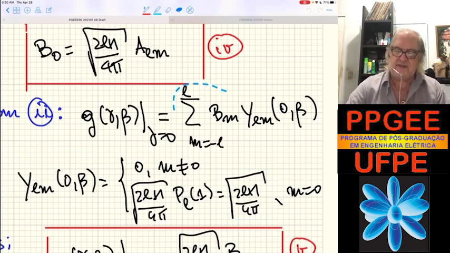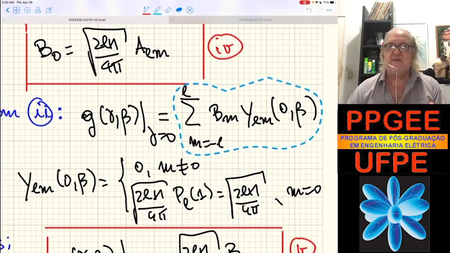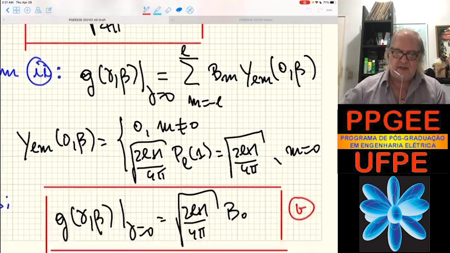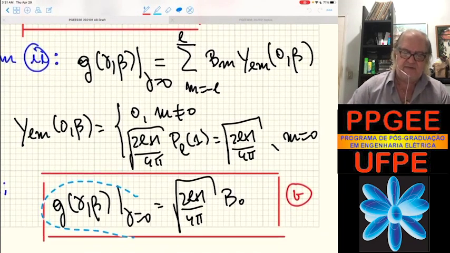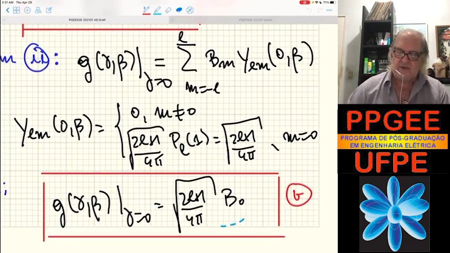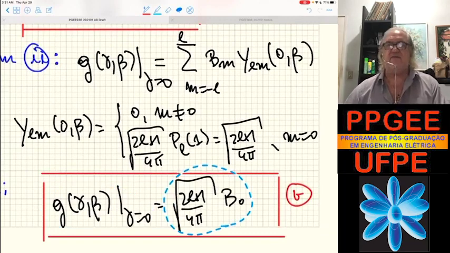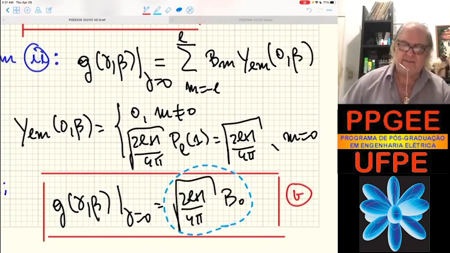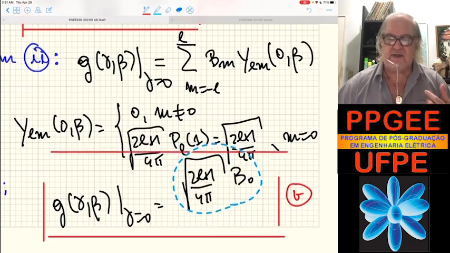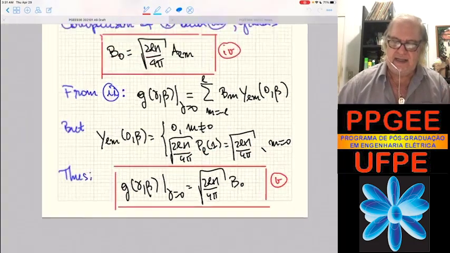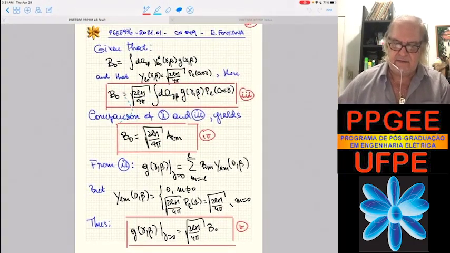So this in fact is only one term, which is B0 times this factor. So you see that G of gamma, beta for gamma equals 0 equals B0 times the square root of 2L plus 1 over 4 pi.